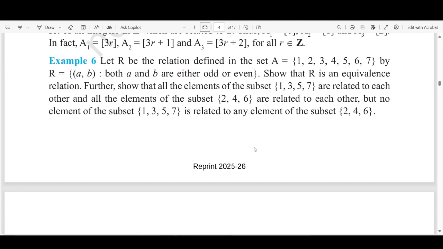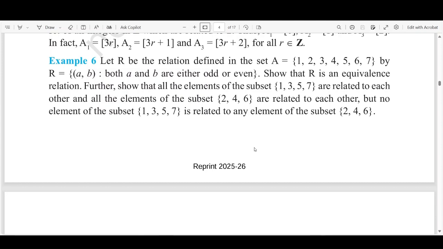Show that R is an equivalence relation. Further, show that all the elements of the subset {1, 3, 5, 7} are related to each other, and all the elements of the subset {2, 4, 6} are related to each other, but no element of the set {1, 3, 5, 7} is related to any element of the subset {2, 4, 6}.